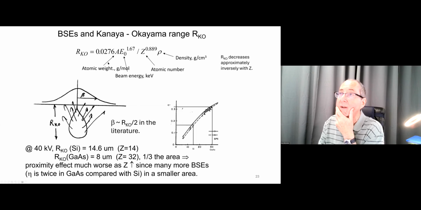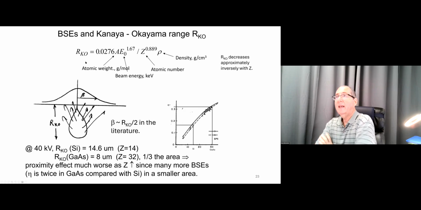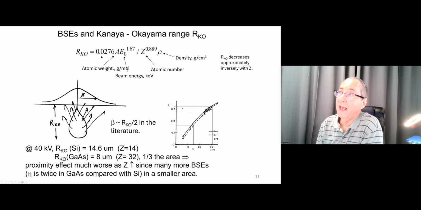Here's another equation. It's R_KO. This is a distance called the Kanaya-Okayama range, R_KO, and it depends on the energy. It goes up very strongly with the beam energy, and it goes down approximately as 1 over the atomic number. What this equation basically says is that 90% of the distance that electrons penetrate into a substrate is R_KO.